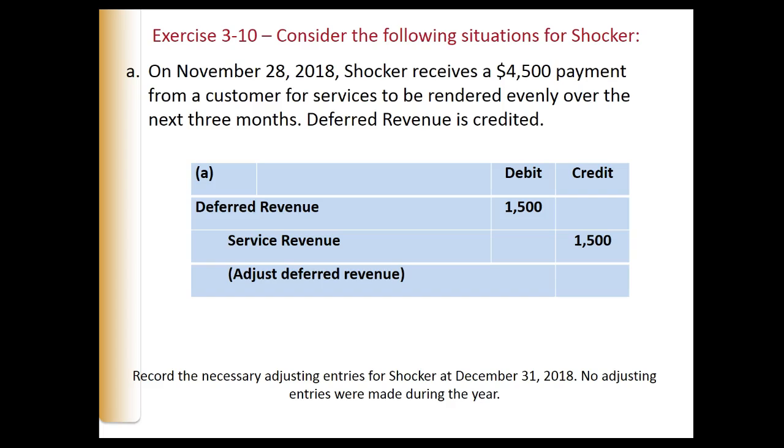So we're going to reduce it by the amount we have in fact provided services for, $1,500. So we debit that deferred revenue and we credit service revenue. We're adjusting the deferred revenue because now $1,500 of that liability has been earned.